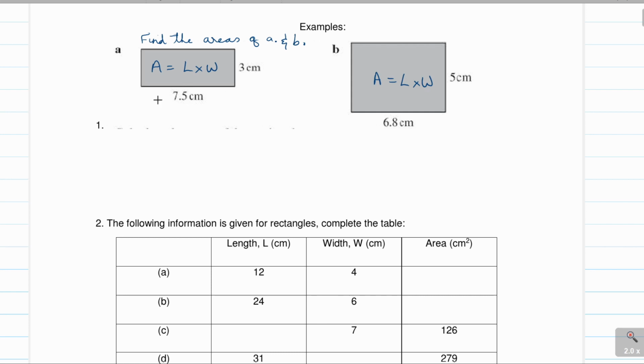Now my length is the longer side, so that's here. My width is going to be the shorter side. And in B, the length is going to be the longer side, and the width is going to be the shorter side. Now pause the video and find the areas of these two, and then unpause and check your answer.